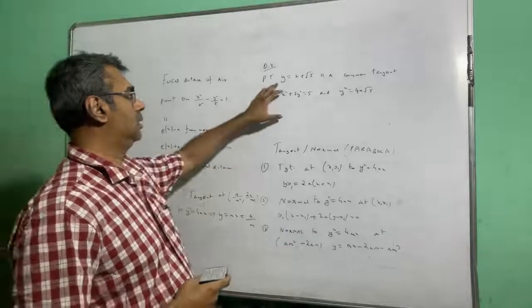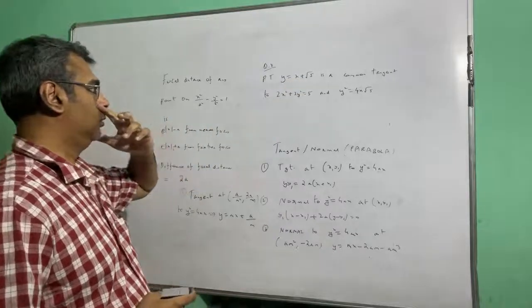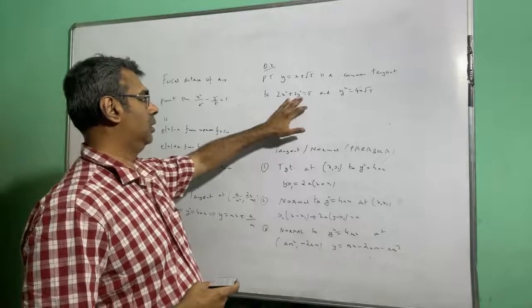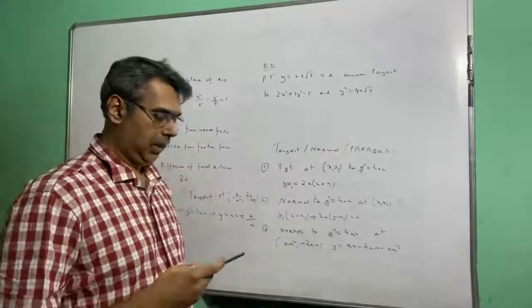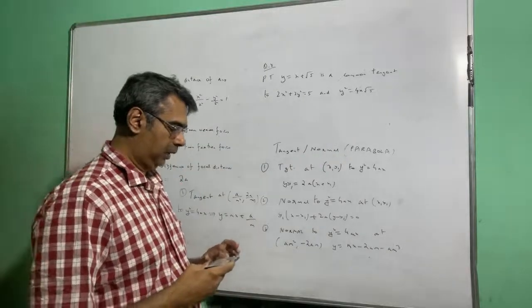So the question is prove that y equal to x plus root 5 is a common tangent to 2x square plus 2y square equal to 5 and y square equal to 4x root 5.